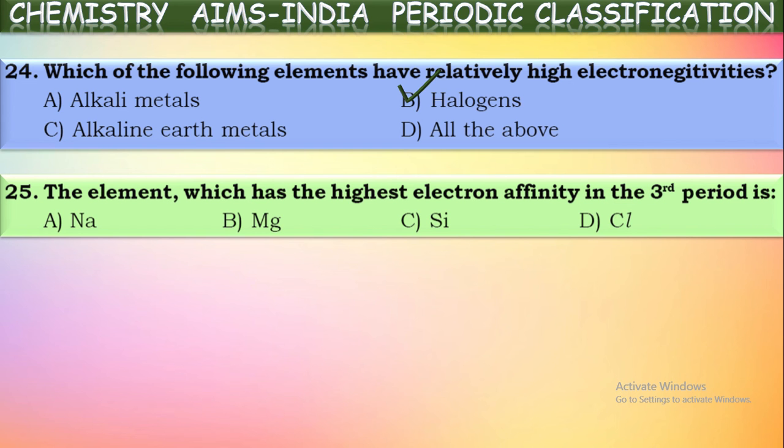So out of all these elements, chlorine belongs to the extreme right side, the halogens, so that will have the least size and greater electron affinity. In fact, this is the element with the highest electron affinity among all the elements in the periodic table, not only among these four.